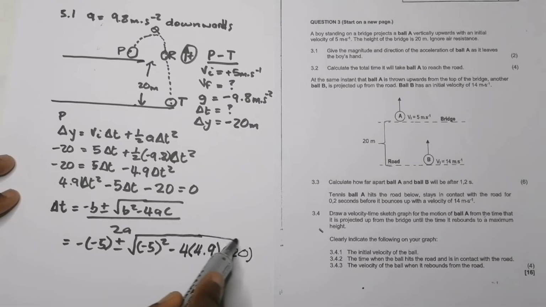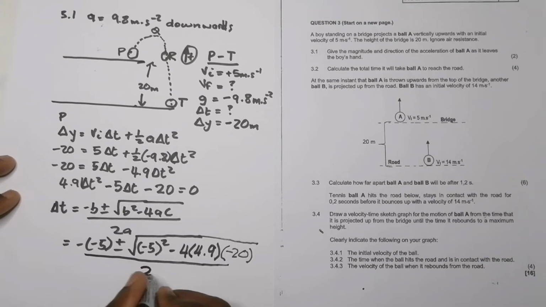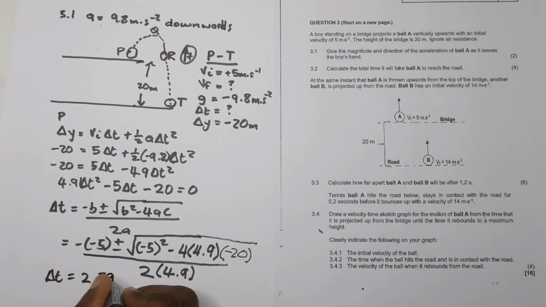Okay, there it is, divided by 2 times a, and 2 times a is 4.9. Okay, and what is our answer? I get an answer of 2.59. So first one, delta t is 2.59 seconds.